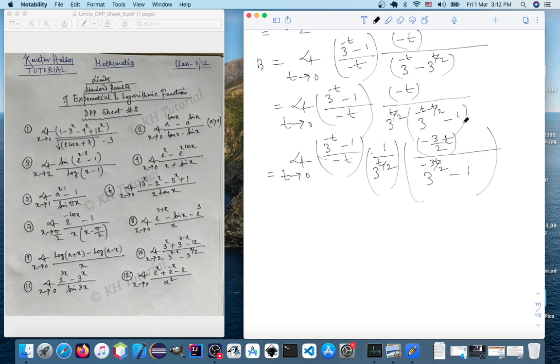So now we have to adjust 2 by 3, not minus 2 by 3, but 2 by 3, because we already have a minus t over here. So now this minus 3t by 2 divided by 3 to the power minus 3t by 2 minus 1 will become log 3. Now this will also become log 3, log e 3 into 1 by 3 to the power 0.